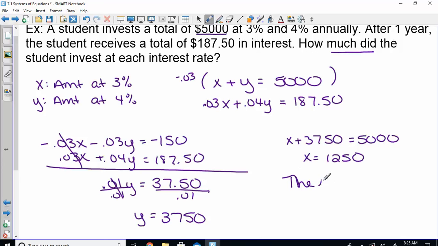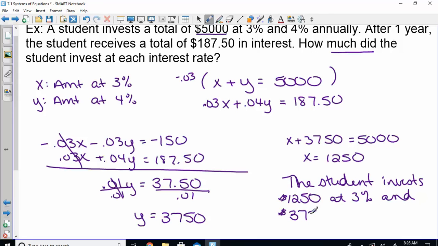So the student invests $1,250 at 3% and $3,750 at 4%. You guys have any questions?